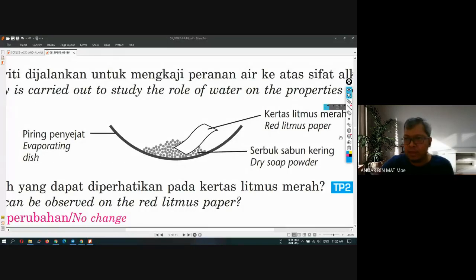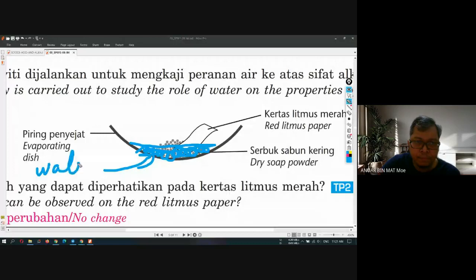For example, I put water into the evaporating dish and mix it around, so it will become not dry soap but soap solution.